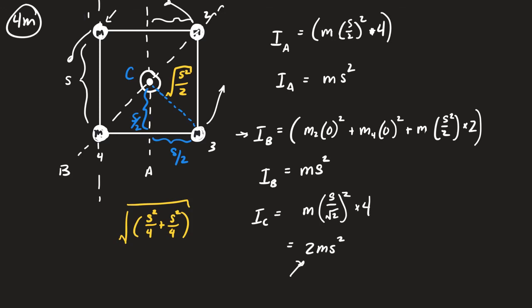But don't be complacent. If I say that capital M is the mass of the system, and you're supposed to put your answer in terms of the mass of the system, then this one would have been 1/4 capital M S squared. That's now in terms of the mass of the system.